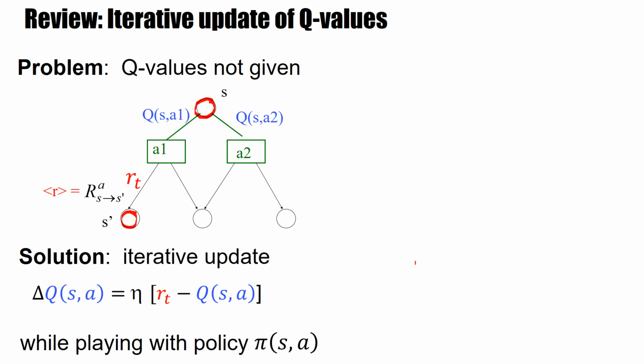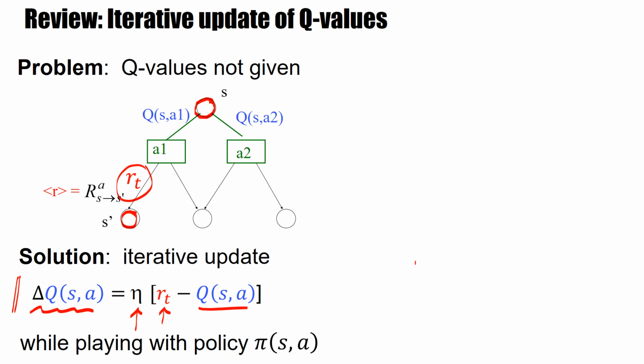Therefore, we have to estimate the Q values, and the way we estimate them is by an iterative update rule, where we compare the actual reward that we get on that path with our current estimate of the reward. And if the actual reward is larger than our current estimate, then we increase our estimate, and eta is a factor that's called the learning rate, for example 0.5 or 0.01.